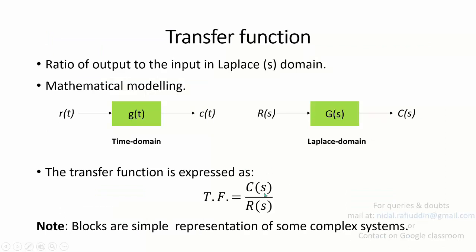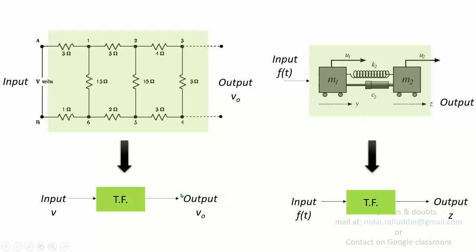So in order to obtain output C, when R is given and the transfer function is given, you multiply the transfer function with the input. Since the transfer function is fixed, if 5 volt was given initially, the output would be 5 times the transfer function. If the input changed to 10 volt, the output would be 10 multiplied by the transfer function.